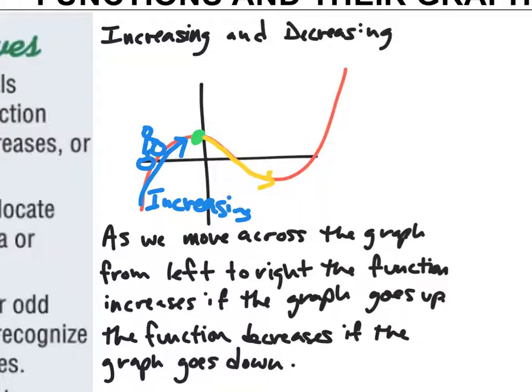Okay, so this here is when we're decreasing. Okay, and then we go back to here and we go increasing. So as you move along your graph, okay, are you going up the hill or are you going down the hill? So if you're going up the hill, the function is increasing. If you're going downhill, your function is decreasing, okay?